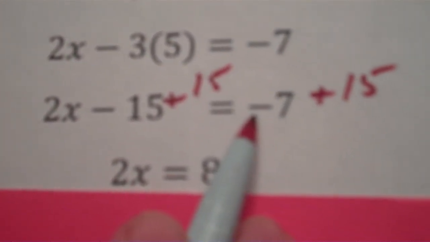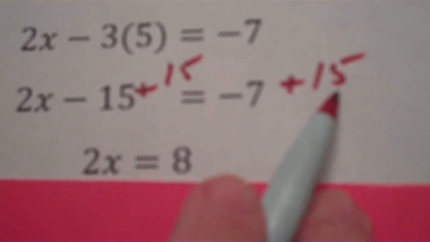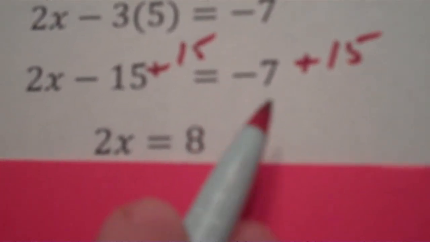Now, negative 3 times 5 is negative 15. I can eliminate that negative 15 by adding 15 to both sides of my equation, which will give me on the left just 2x. On the right, if I'm 7 in the hole on the first bet, win 15 on the second bet, I have $8 altogether.